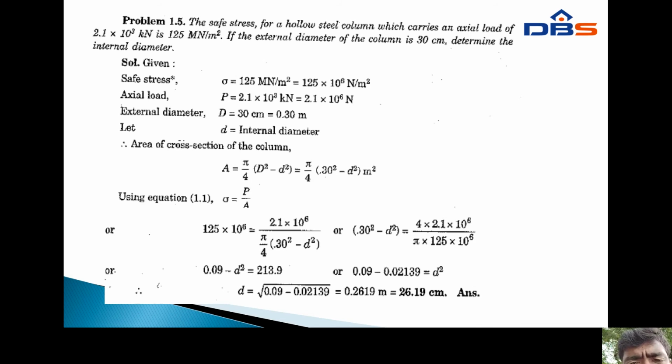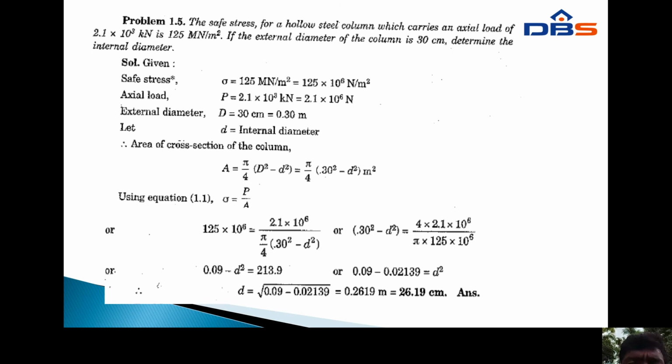Therefore, A equals pi by 4 into (0.30 square minus small d square) meter square. Next, sigma equals P by A, stress equals load per unit cross sectional area.